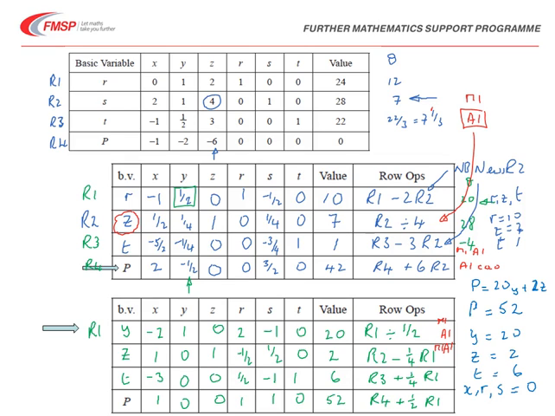You don't get penalized twice if you haven't got the basic variable correct, but again, the basic variable should have changed at this stage. There are then method and A marks for getting the correct values of the variables, so M1 and A1 for at least 4 of those correct, and a final A1 if it was all correct, so a correct answer only.